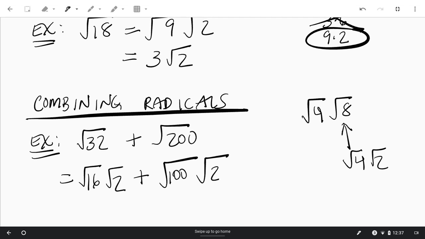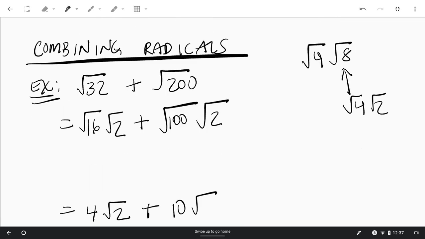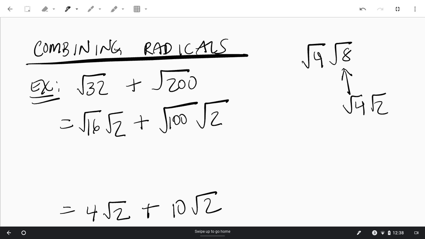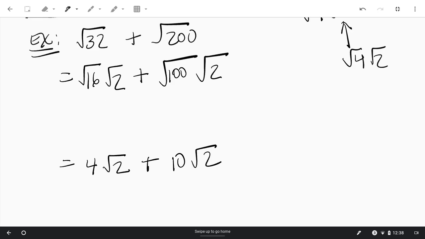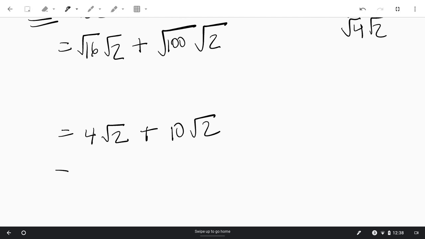So here, I'm going to get 4 times square root 2. And here I'm going to get 10 square root 2. Because they have the same radical, they both have square root 2, these are like terms. So I can combine these by adding the numbers on the exterior, 10 and 4, so I get 14 square root 2.